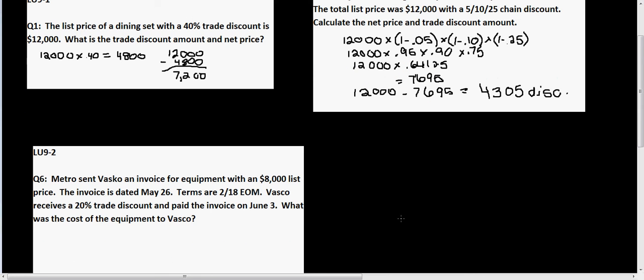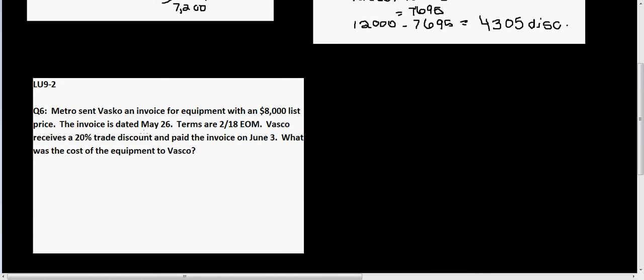All right, let's take a look at another situation when it comes to discounts. We have in here a product that's worth $8,000 at list price. We now have to consider when this item is getting paid. That affects how much you are going to be able to take off in discounts.